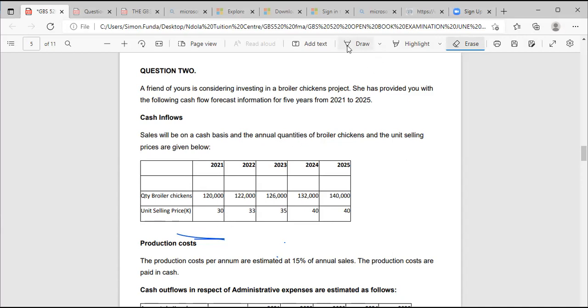The total is supposed to be 3,600,000 kwacha. Because of space, I'm not writing in full, so just put a point, as long as we know that this is it. 3,600,000. Then we go to the next.